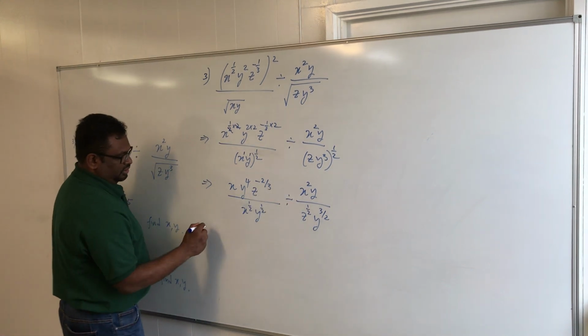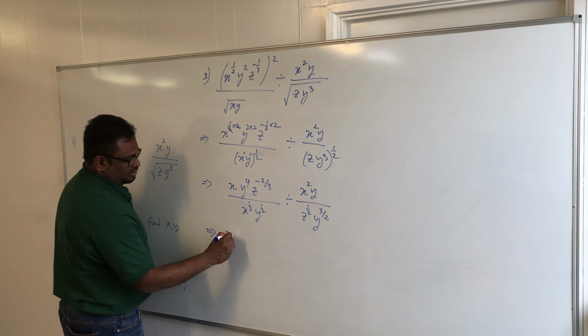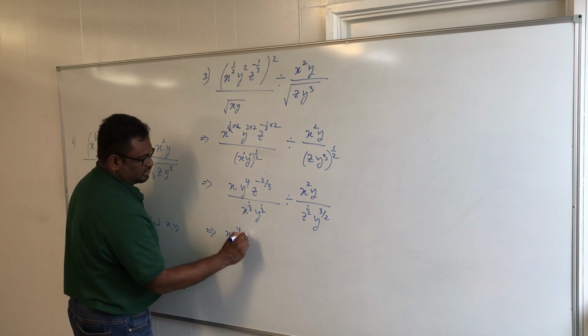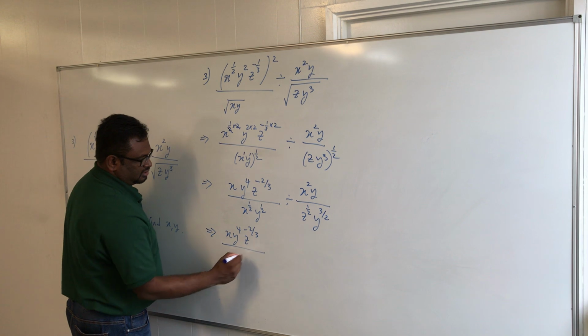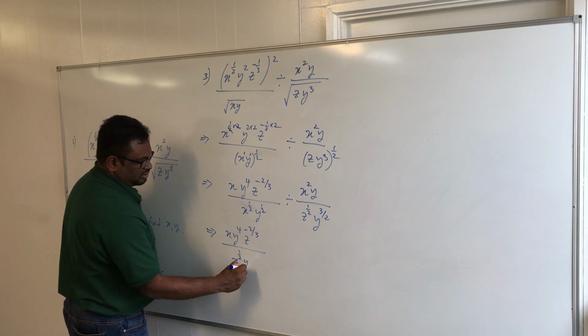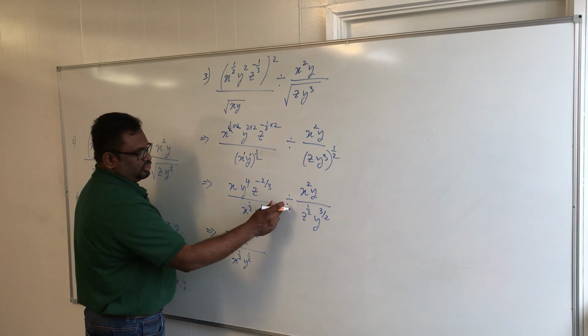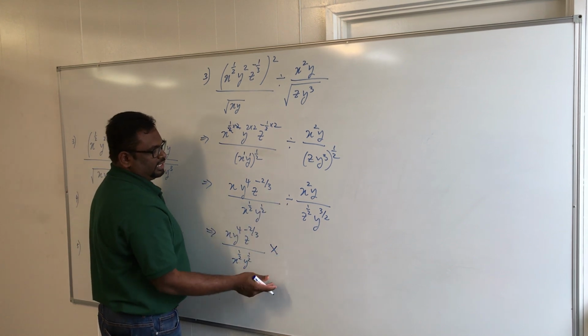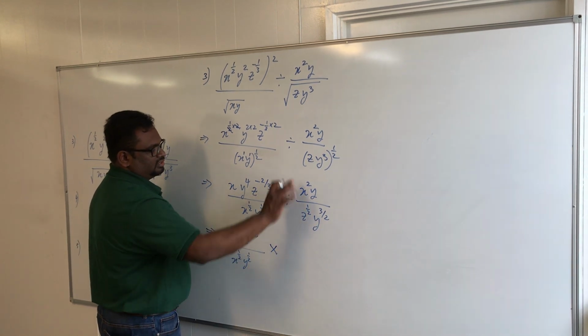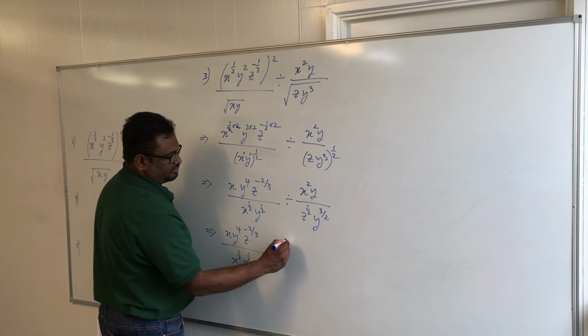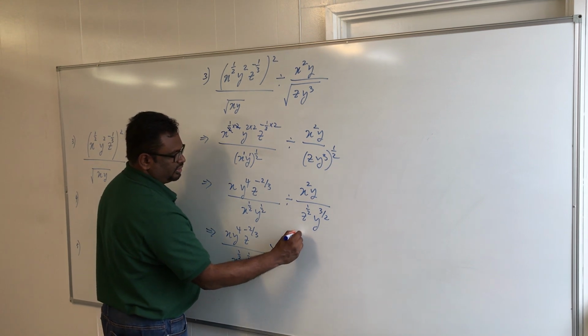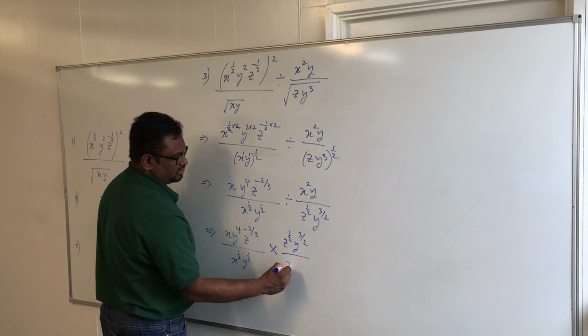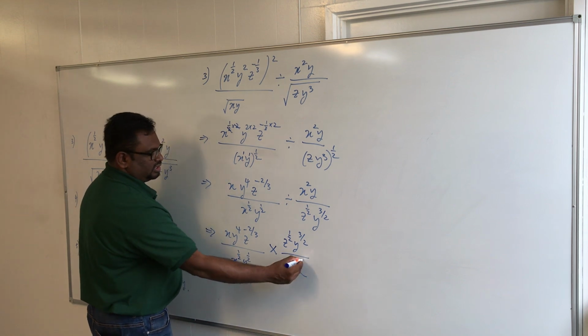So once you have the division, right, you convert that into a multiplication and you take the upside down here. Yusuf, are you okay? So these things we did.